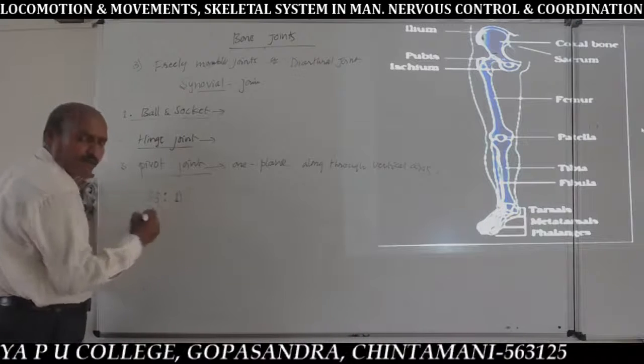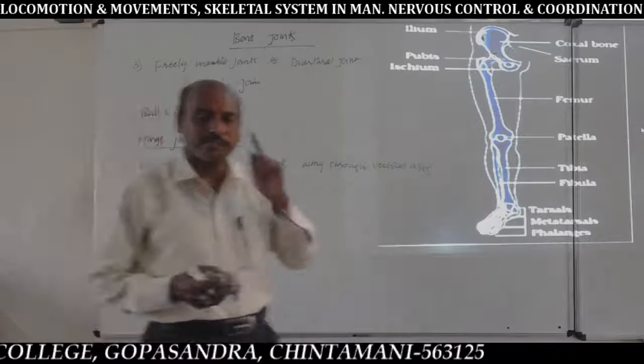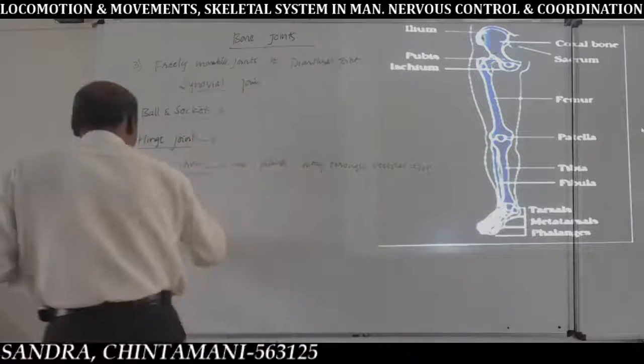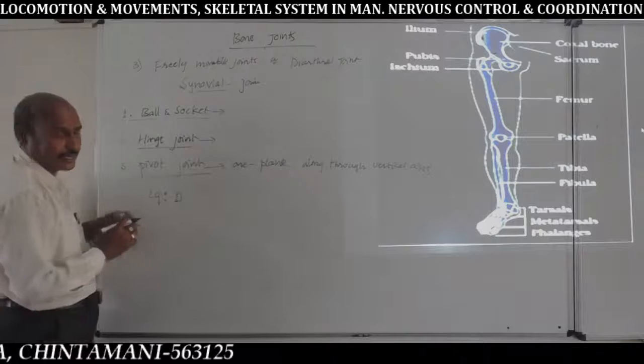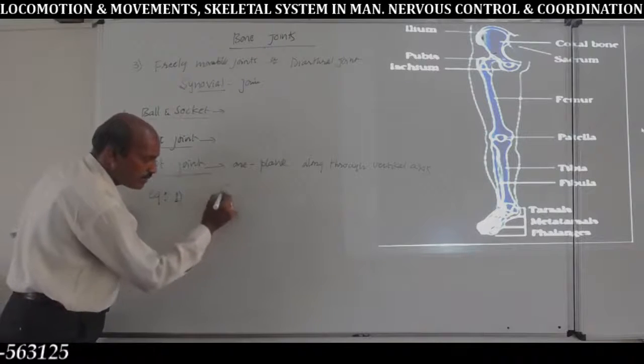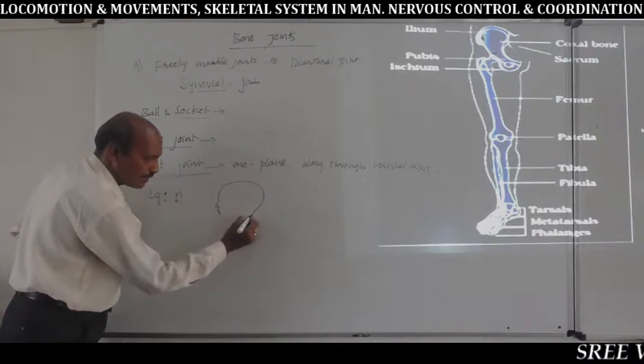Here, examples of pivot joint. First example, very important. It can be seen in the head region. Pivot joint is present in the head region. Take this simple example of a skull.